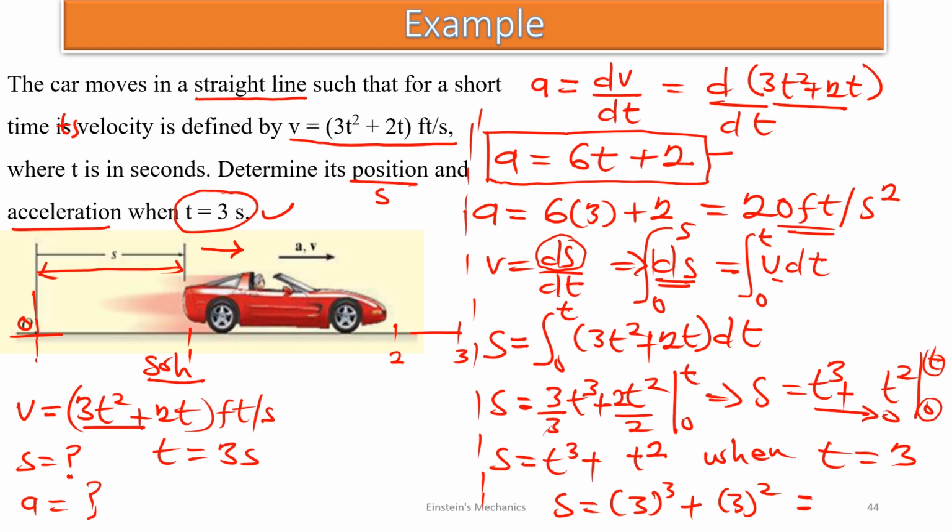So we can punch that 3 raised to the power 3 plus that. Let me punch that and give you the answer. And that is going to be 36, right? Yes. So we have 36, and that is for displacement in meters. Are we good? Sure.